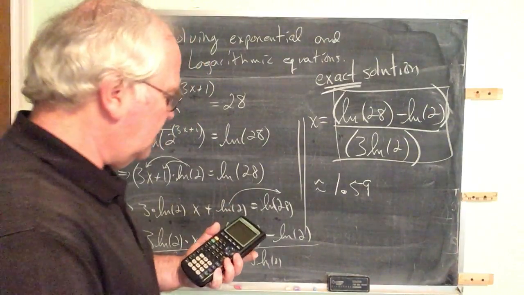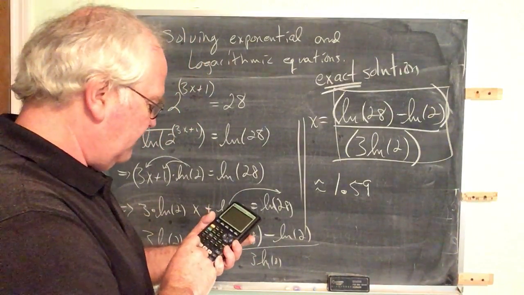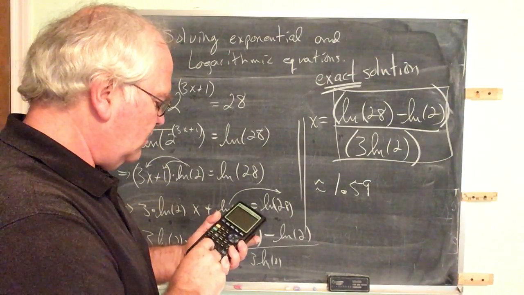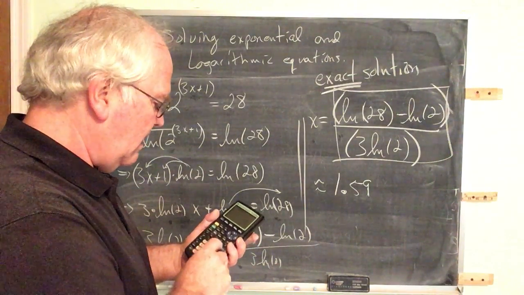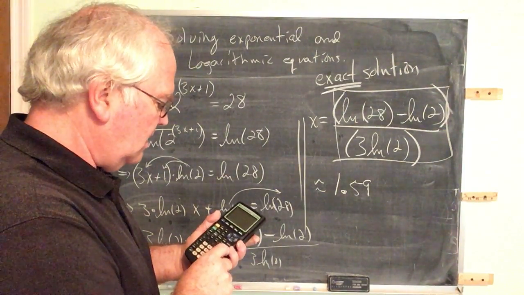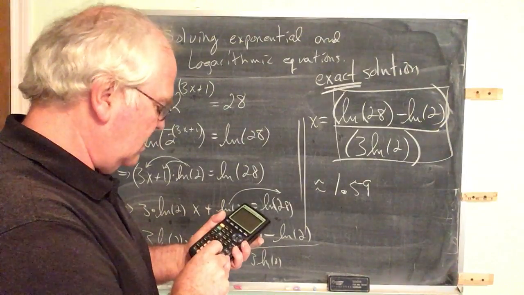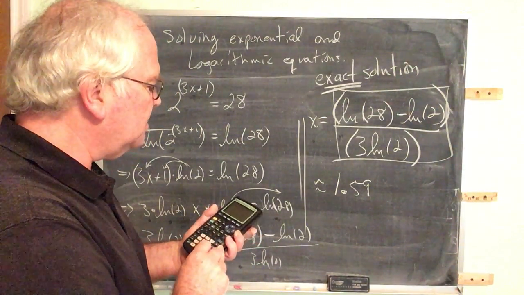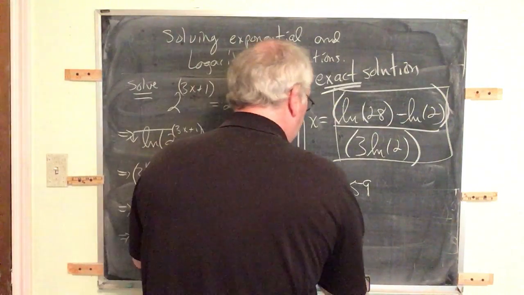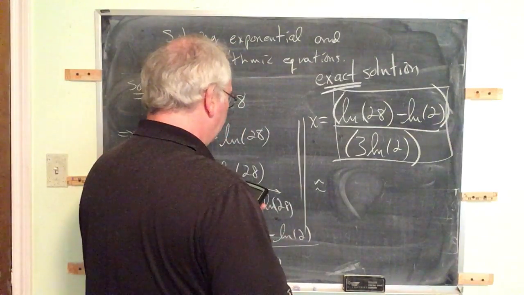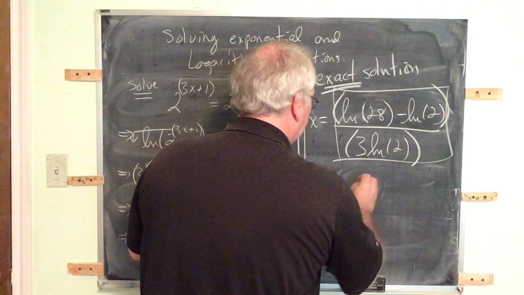Let's try that again. I have the natural log of 28 minus natural log of 2, close, and then divide that by open 3 times natural log of 2, close, close, and this is not the right number. A good thing I checked my work, I should have 1.27 approximately.